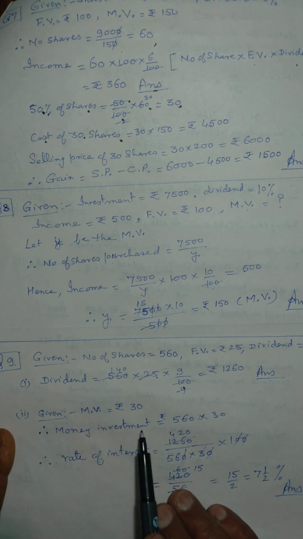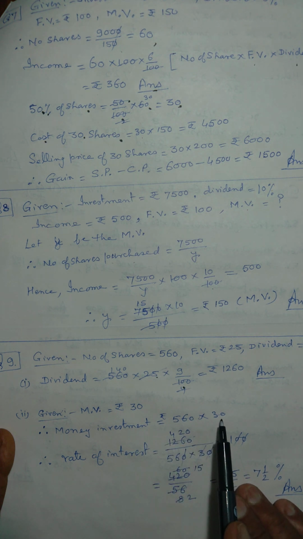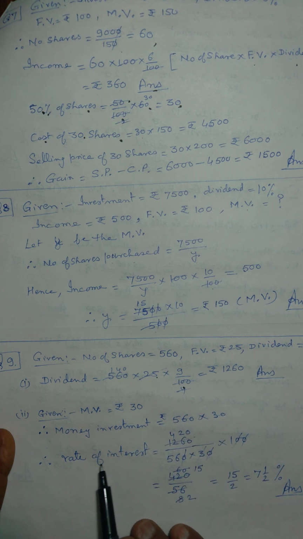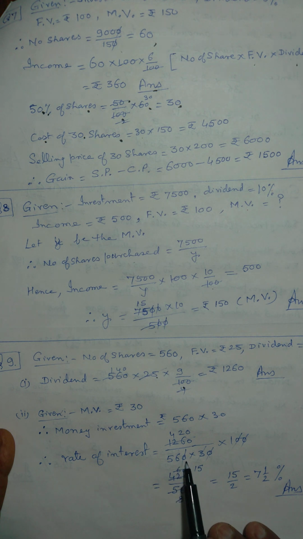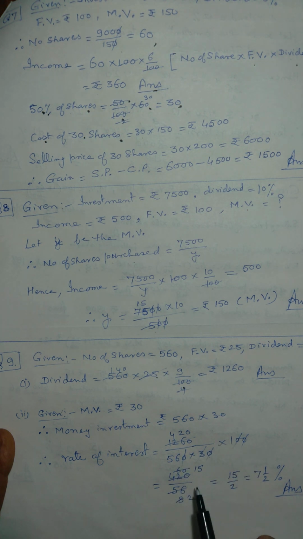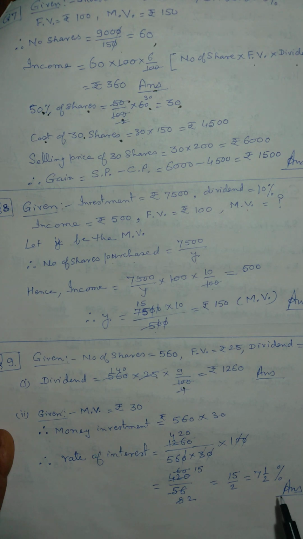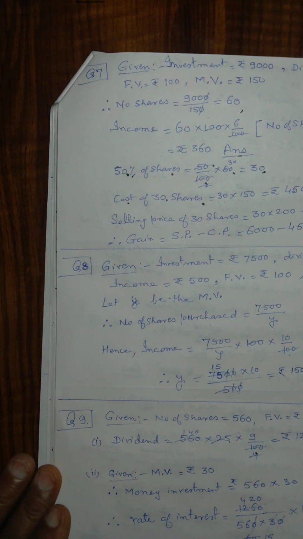So money invested will be equal to 560 into 30. Rate of interest will be equal to 1260 whole divided by 560 into 30 multiplied by 100. So solve it, you will get 15 by 2, that will be equal to 7.5%. This will be the answer of question number 9.